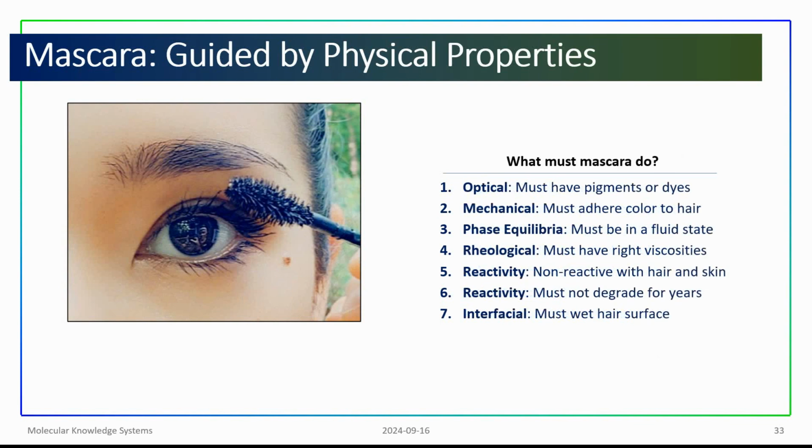But when we think about mascara's important physical properties and the structure of the product needed to achieve these physical properties, such as optical properties, like having pigments or dyes, mechanical properties, requiring these pigments or dyes to be adhered to hair, phase equilibrium properties, mascara must be in a fluid state, rheological properties, mascara must have the right viscosities, it can't be too thin and it can't be too thick, reactivity, must not react with hair or skin, and it also must not degrade for many years.